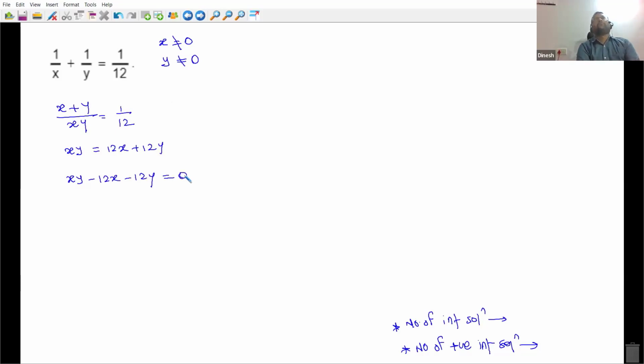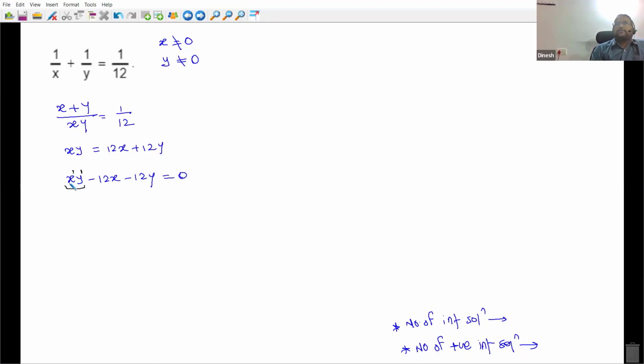What is the degree of this equation, everyone? Anyone tell me what is the degree of this equation? Degree means highest power of a variable. But degree is not 1 here. Over here these two variables are together.